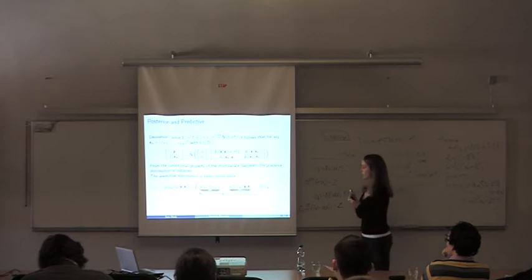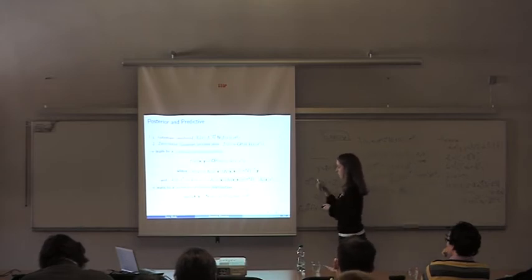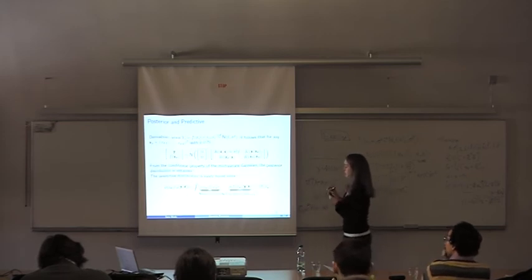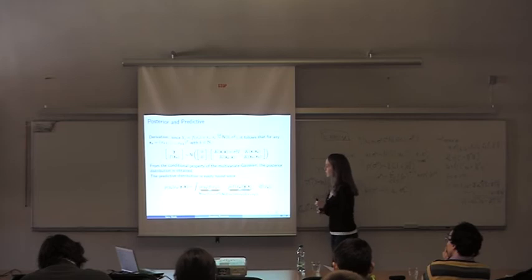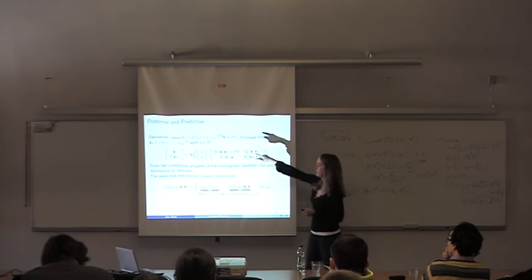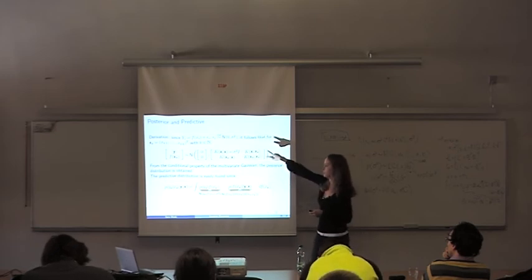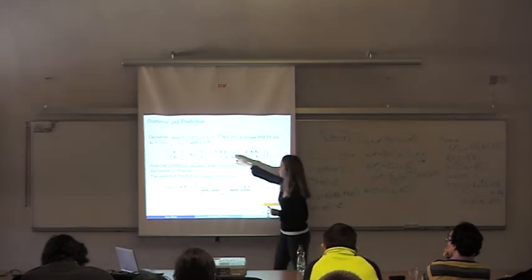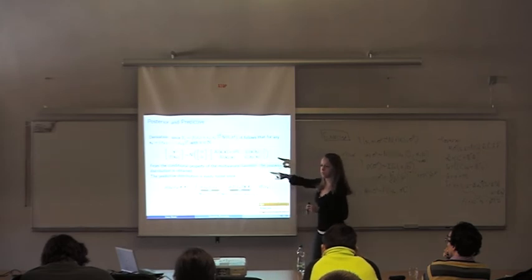So how do we derive this posterior distribution? We note that our observed values y are just f of x plus an error. So we can figure out the distribution of our vector y. That's just a multivariate normal centered at 0 with this variance-covariance matrix.